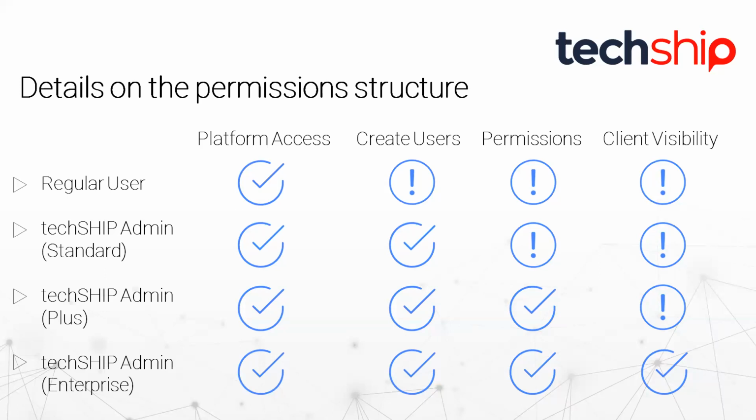Now, a TechShip admin can access the platform, obviously, and can create users under each portal. Users are created under a portal. So if you have a user which handles several portals at the same time, that's typically an admin user type. Someone, let's say a regional manager, that's going to take care of the West Coast warehouses: a warehouse in California, another one in Utah, another one in Nevada, and another one in, say, Washington State.